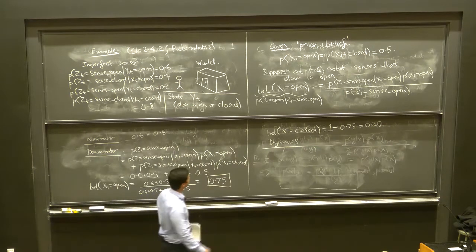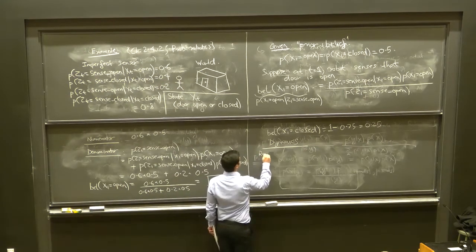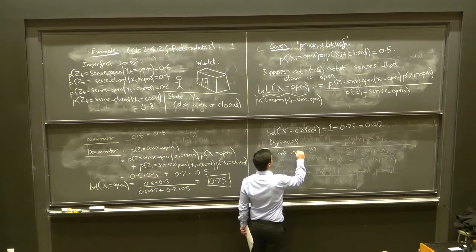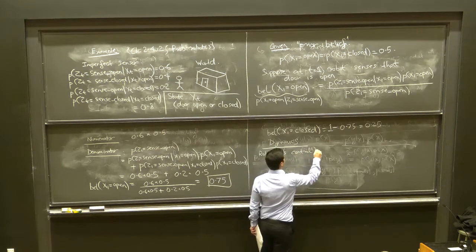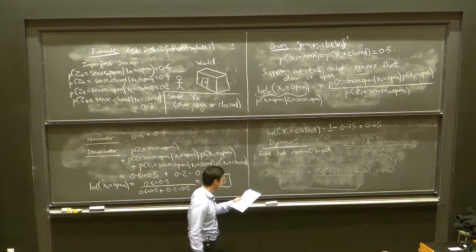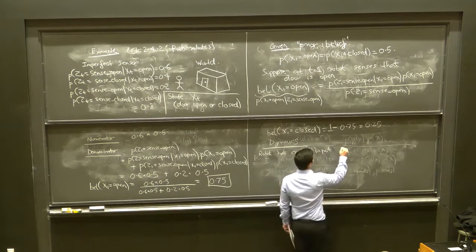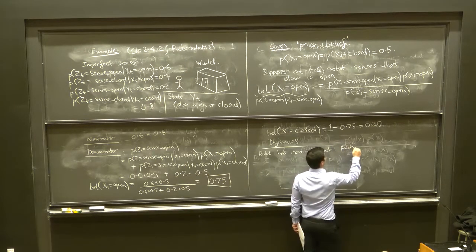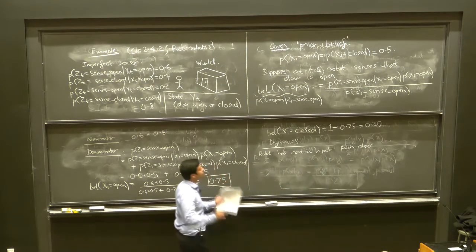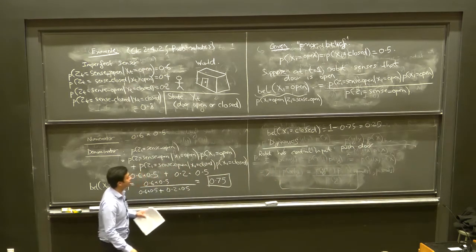So let's say the robot has some action, some control input that it can apply, which corresponds to just pushing the door. So there's only, let's say, one action that we're going to consider.